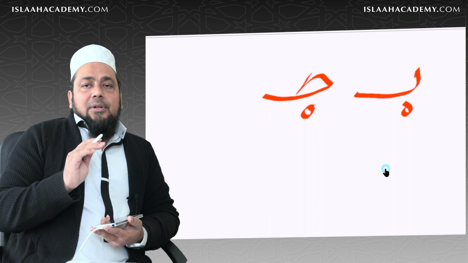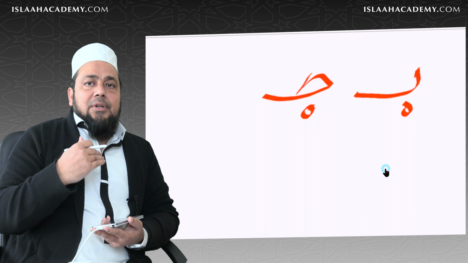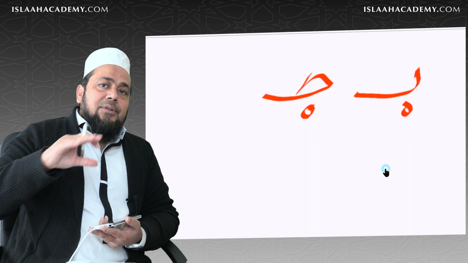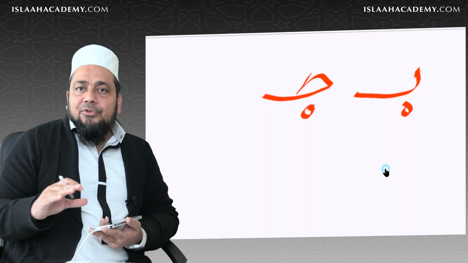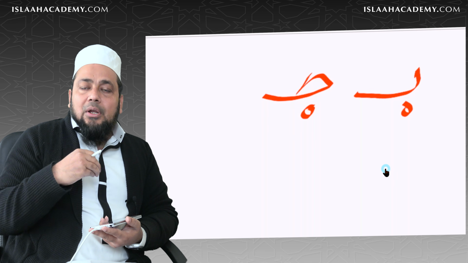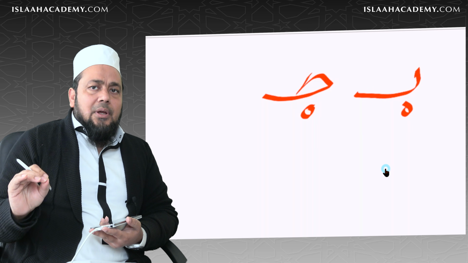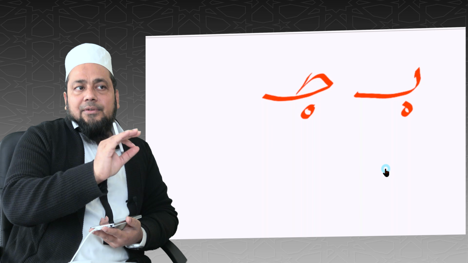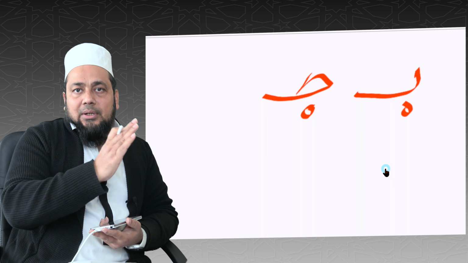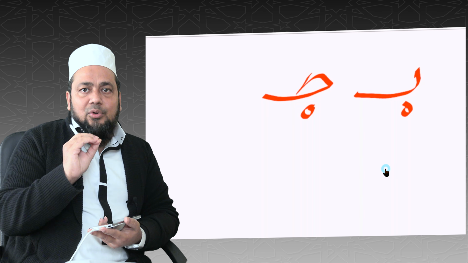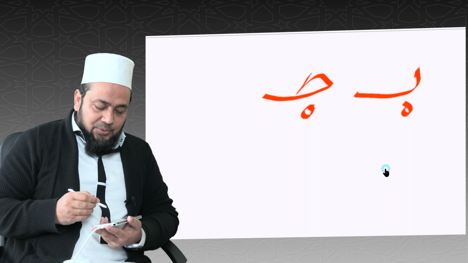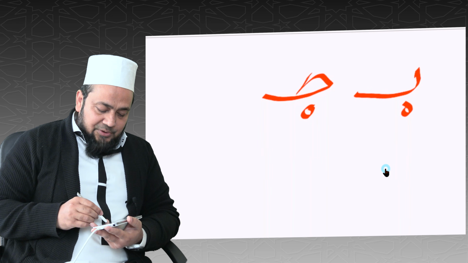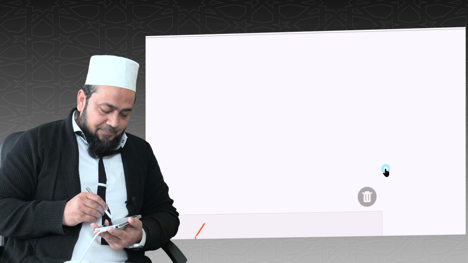So these two letters got one dot down. So from the entire 28 letters, whenever you see one dot down, don't think of any other letters apart from these two letters. And you can see a very clear difference between these two letters. If you can remember this small thing, you'll find it much easier to identify letters. Let's move on to the next letter.